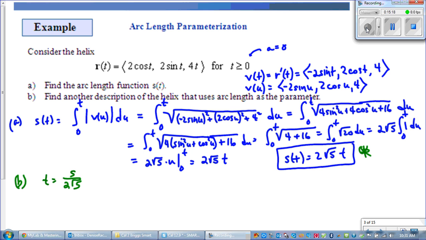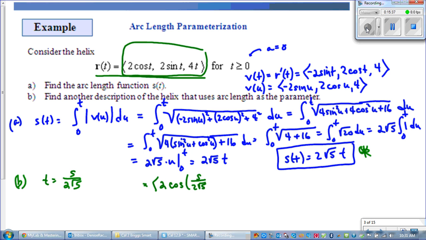So in the description given above, on this right side, I'll change all the t's to s divided by 2 times the square root of 5. So I'll have 2 times cosine of s divided by 2 times the square root of 5, 2 sine of s over 2 times the square root of 5, 4 times s over 2 times the square root of 5.